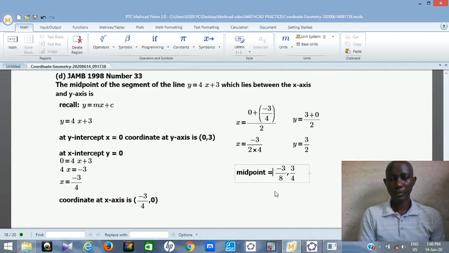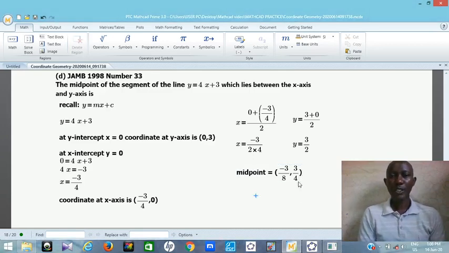So don't forget, we need brackets here, open bracket, and close bracket. So this is the midpoint: minus 3 over 8 for x, then 3 over 4 for y.